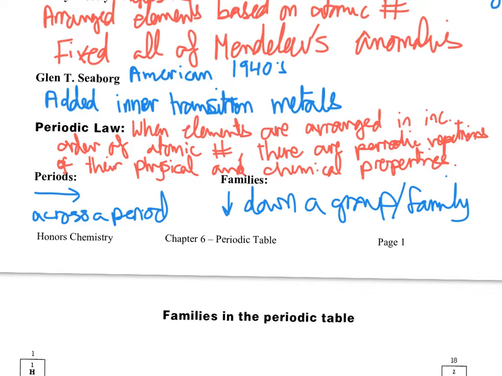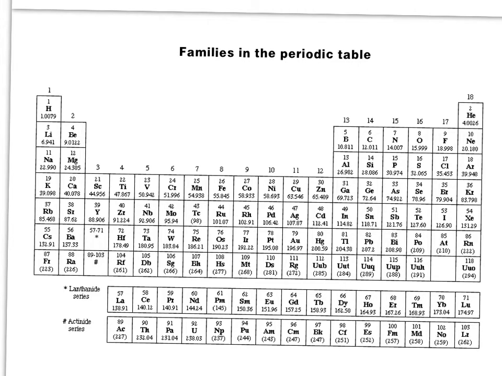And remember that the elements that have similar properties, those are the ones that are in the same family or the same group. So we already talked about some of the families on the periodic table. This was back in chapter 2. So you are still responsible for knowing what family each element belongs to, and a little bit about their properties.